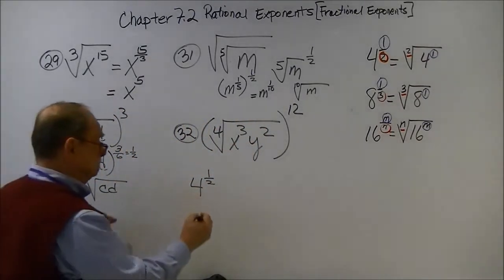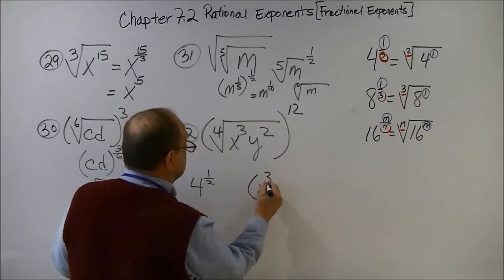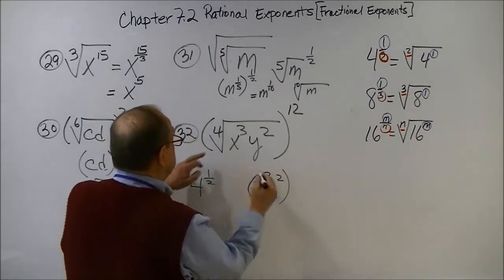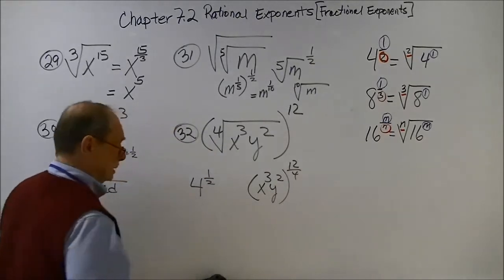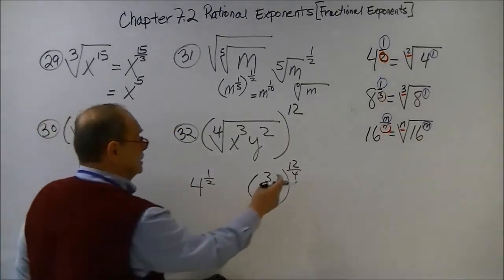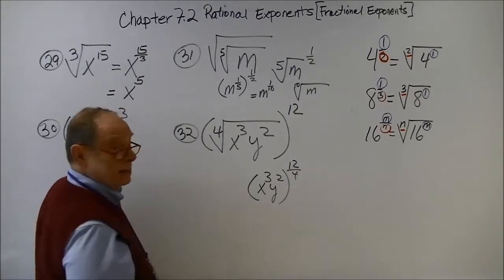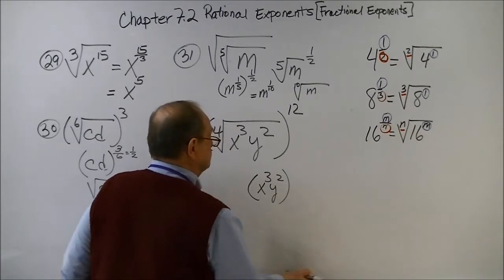So in this one, this is what's in parentheses now, x to the 3rd, y to the 2nd, and then it's to the 12 over 4. And what is 12 over 4? 3, yes. So you can just put a 3 there.